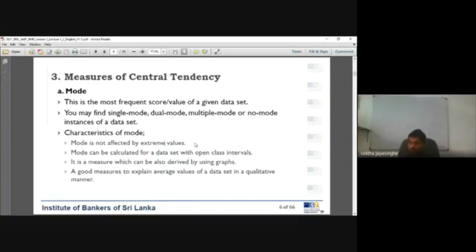But then again, it's a very easy measure to calculate. No calculations involved. You just have to count the number of instances. The words qualitative manner indicate that this value is not derived by a quantitative method, like the mean we are going to discuss in a while. When you calculate the mean, you will be using quantitative methods. So it's an easy measure to explain.